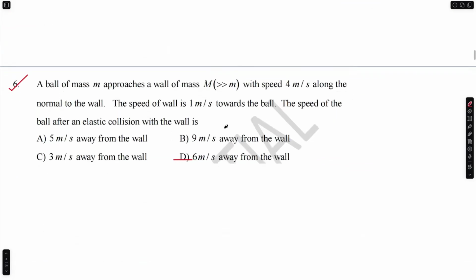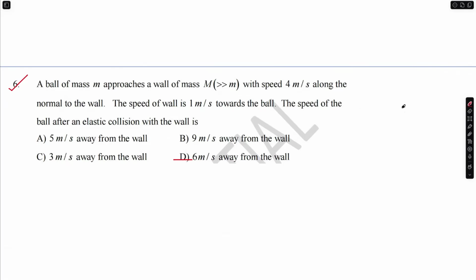Next, a ball of mass m approaches a wall of mass M much greater than small m with speed 4 meter per second along the normal to the wall. The speed of the wall is 1 meter per second towards the ball.